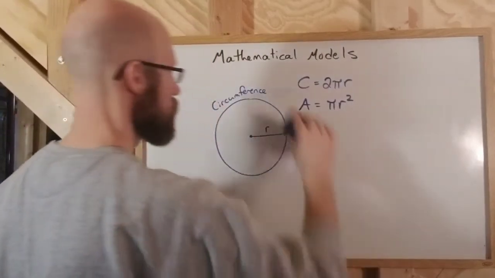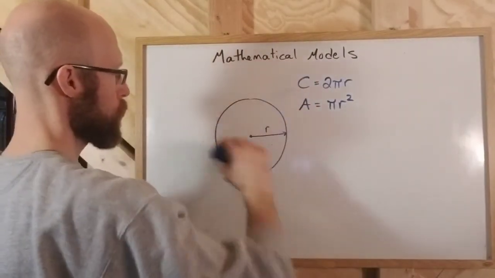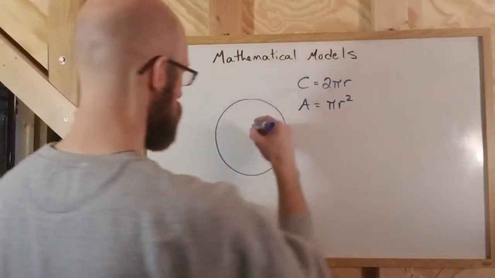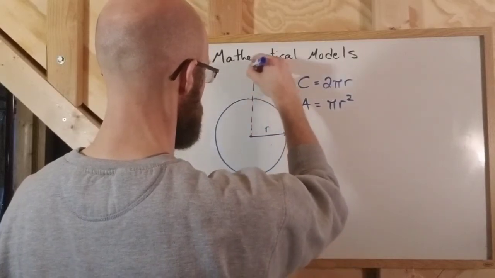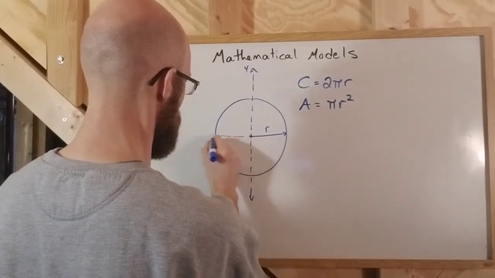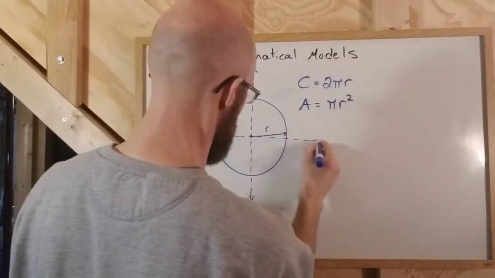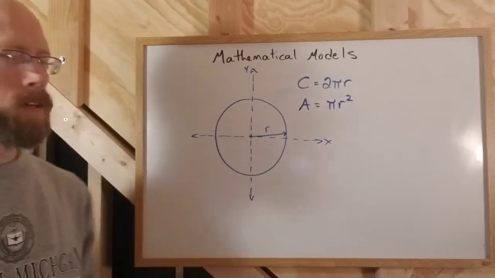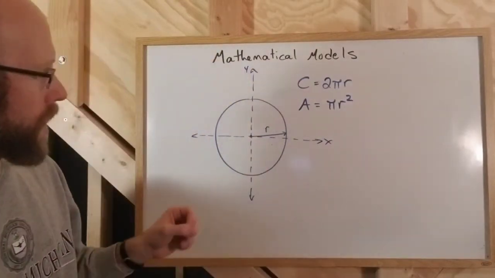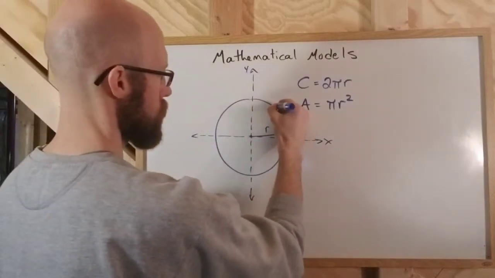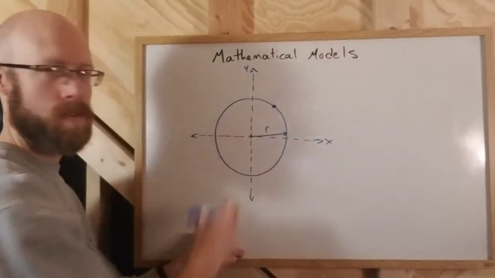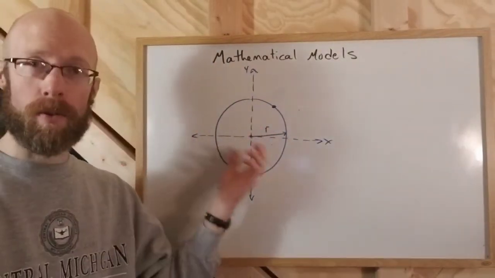In fact, if I put that central point at the origin, and I draw in a y-axis and an x-axis, my circle is centered at the origin. Then every point on this circle is a fixed distance from the origin.